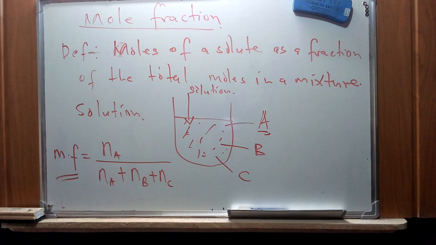I'm going to use an example, just a question, to figure out how we can calculate the mole fraction given different quantities of a substance in a mixture. So I'm going to write a question here so that we can use it to illustrate that concept.